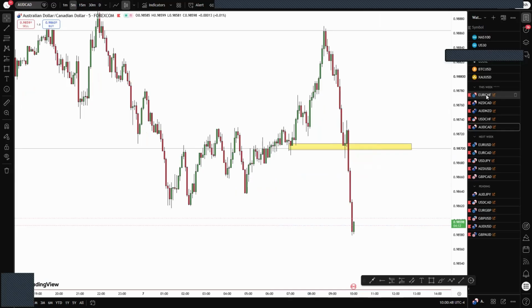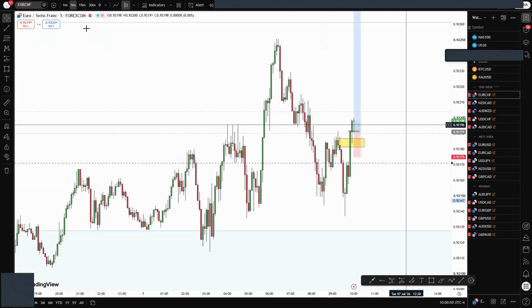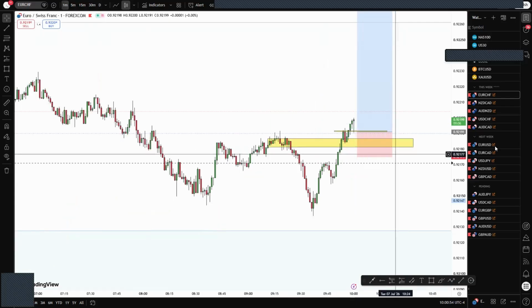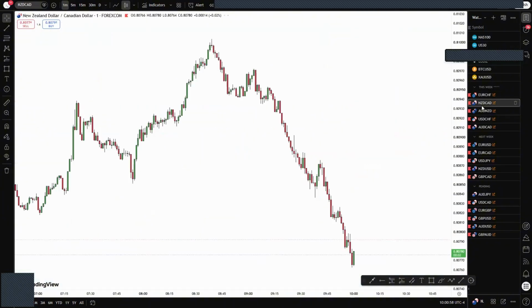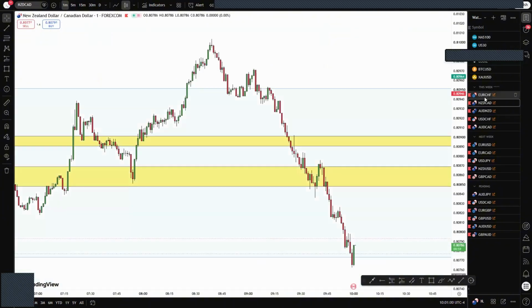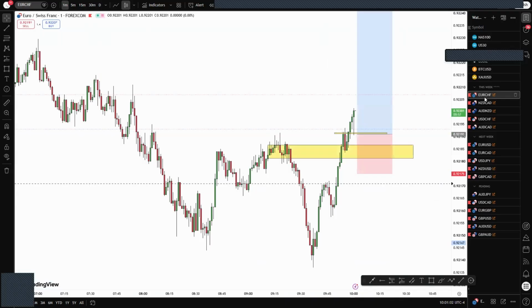This one, price almost gave us our entry. It isn't yet paid. So you see, just like that, you can come in the market and see, okay, today I have to wait a bit more.